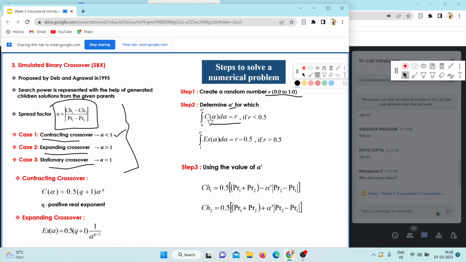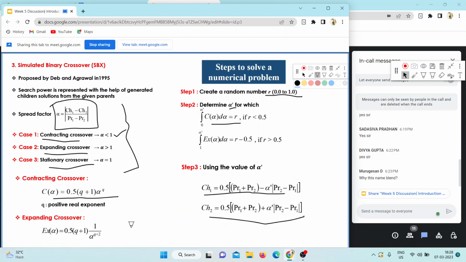C alpha is for the contracting crossover according to simulated binary crossover, and it is given by this equation: 0.5 (q plus 1) alpha to the power q. You solve this definite integral and find the alpha dash value. When you get alpha dash, your child 1 will be 0.5 ((P1 plus P2) minus alpha dash (P1 minus P2)). Similarly, you will get child 2.